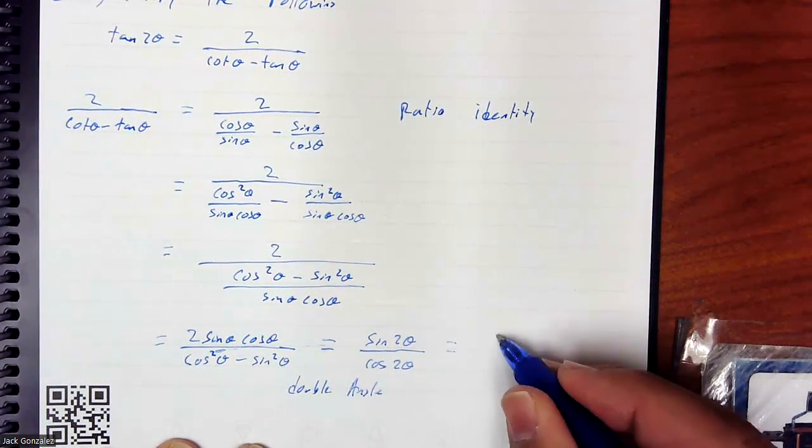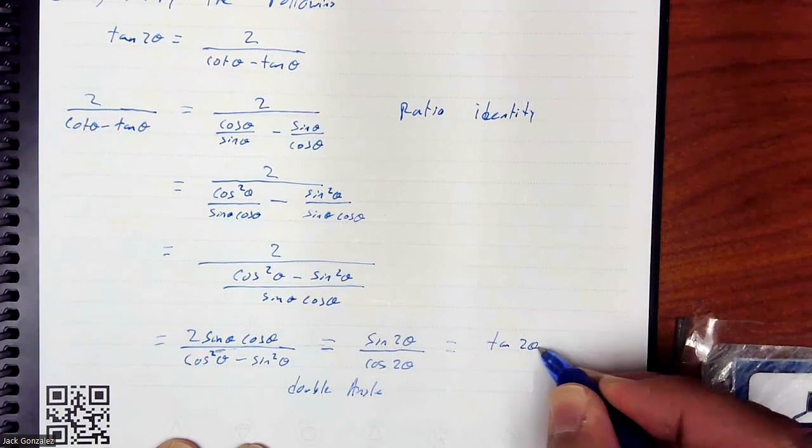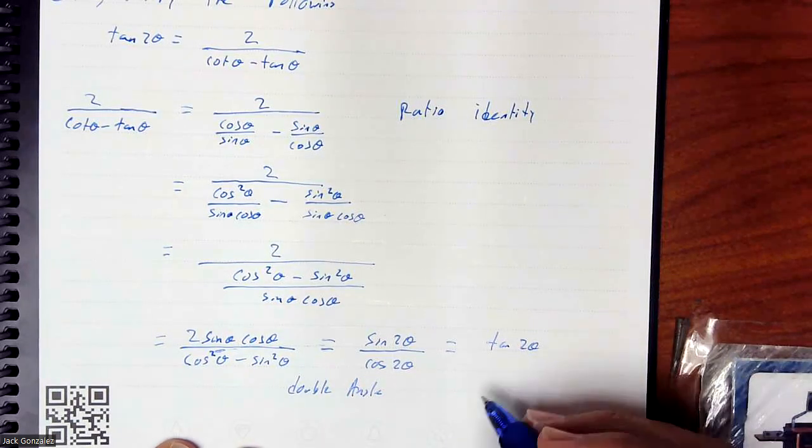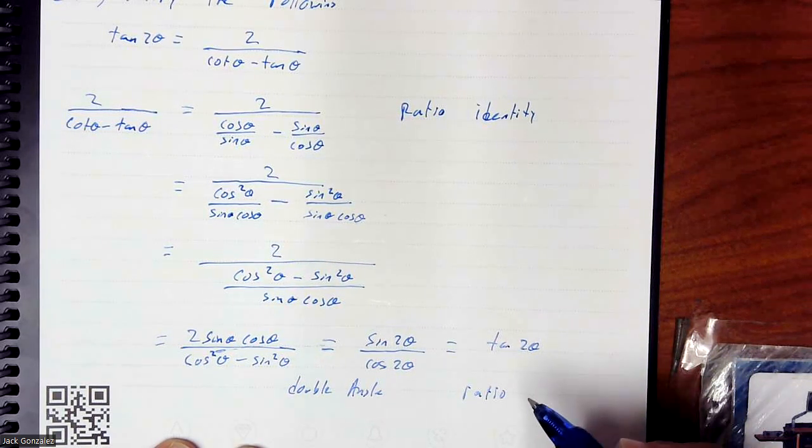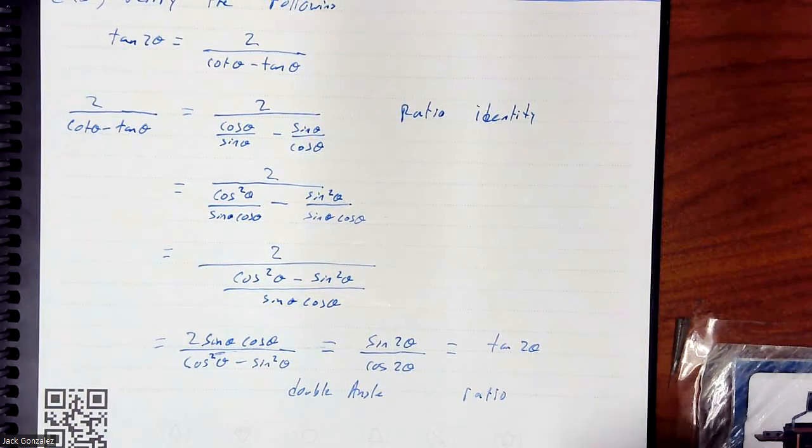Which is equal to tangent of 2 theta, just by using the ratio. If you have sine over cosine, that is tangent. This one was a little more tricky.